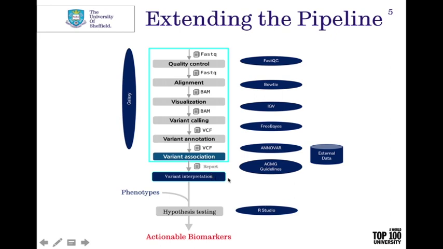In this module, we'll look at the prioritized variants across many individuals and assess and compare those variants to the phenotypes of the individuals in order to do further hypotheses testing and generate actionable biomarkers. In this module, we'll be mainly using a tool called RStudio and external datasets.